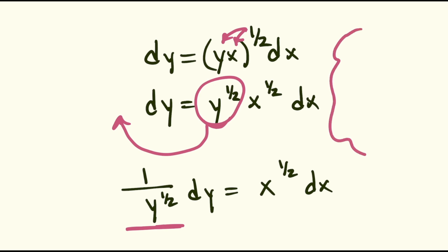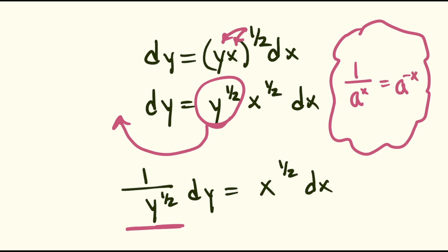And when we have 1 over a to the x, this is the same thing as a to the negative x. So in other words, our exponents turn into negative signs when we pop them up top. So in this case, we're going to rewrite this as y to the negative 1/2 dy is equal to x to the 1/2 dx.